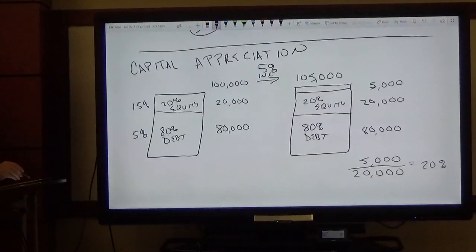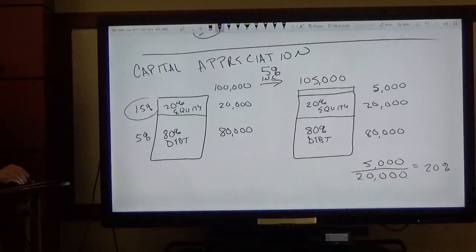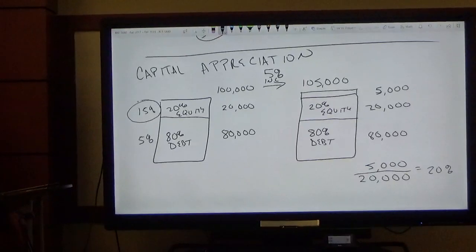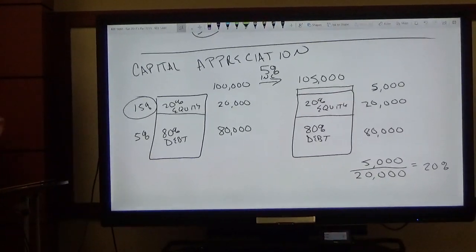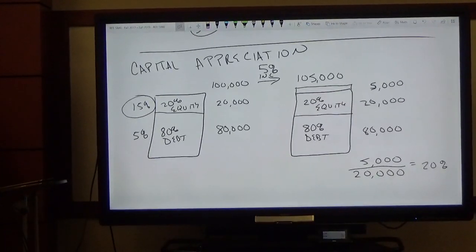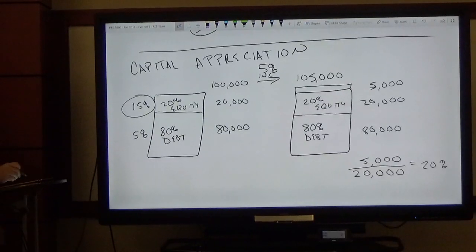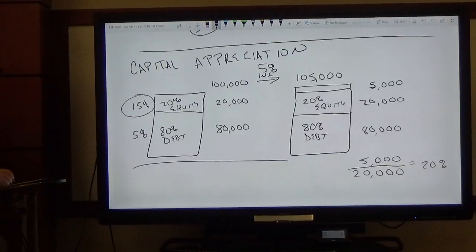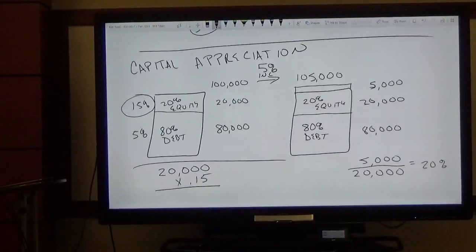Let's go back to the 15% required return that we wanted. Just to keep things simple, say we had $20,000, you didn't put the other $5,000 in, and we got 15% on that in the first year.